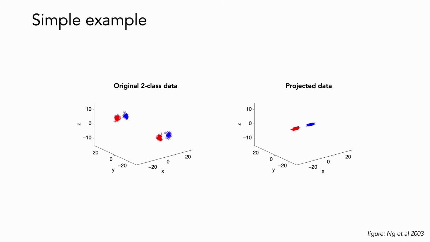The very simple optimal projection here would be just removing the dimension. Here it would be along the y-axis. So now you're just projecting everything into the same plane, and now they're very easily separable from that perspective.